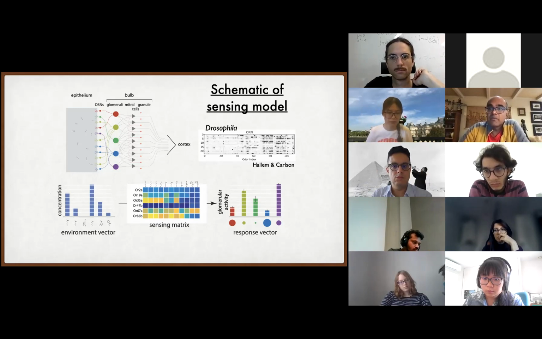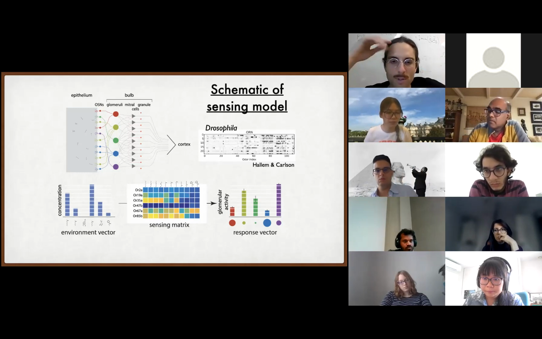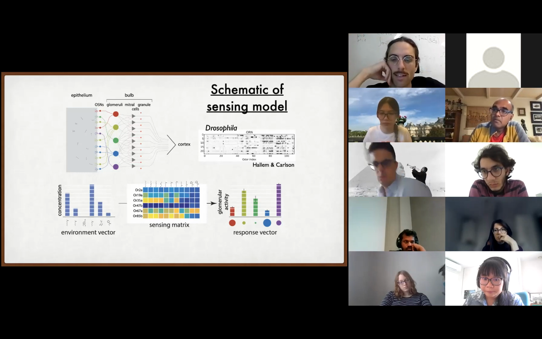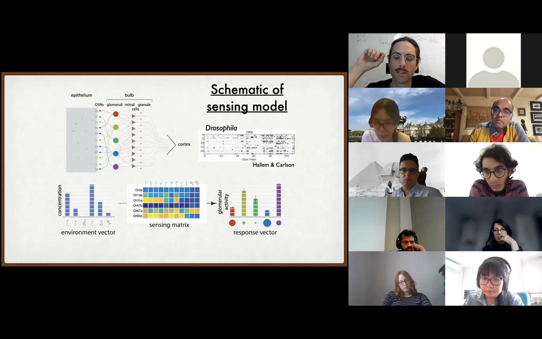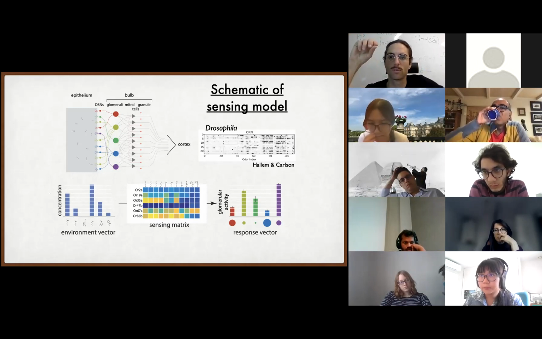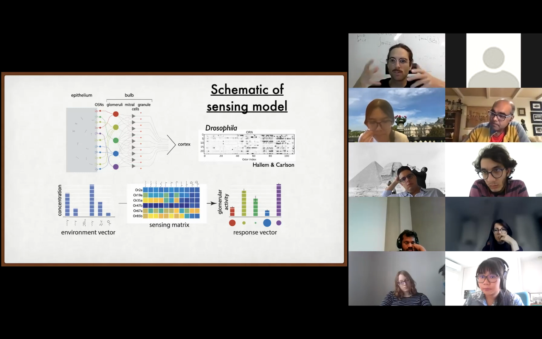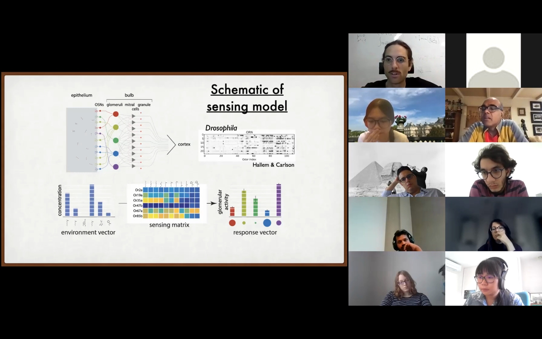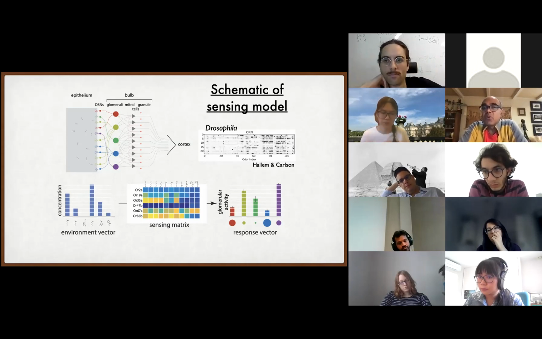There is a question. Yes, I have a small question. If you say odor index here, do you think of individual molecules, or of mixtures of order 50 molecules which compose an odor? Yeah, so I will attempt to be consistent that odor means mixtures and odorant means odor molecule.